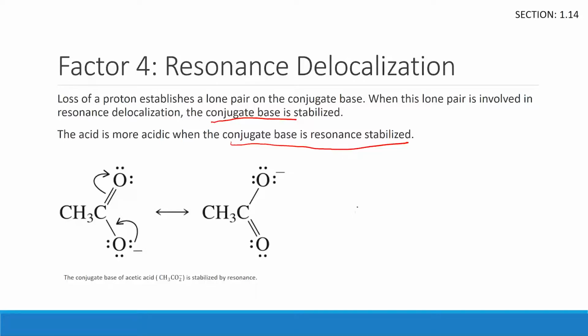So remember, ultimately, this is going to have a stabilization more like this, where we have a partial negative charge on each of these oxygens, and they're sharing electron density between the two. They go between the two equally. Ultimately, that makes this more stable. And because the conjugate base is stable, it makes the original acid more acidic, more likely to donate its proton.